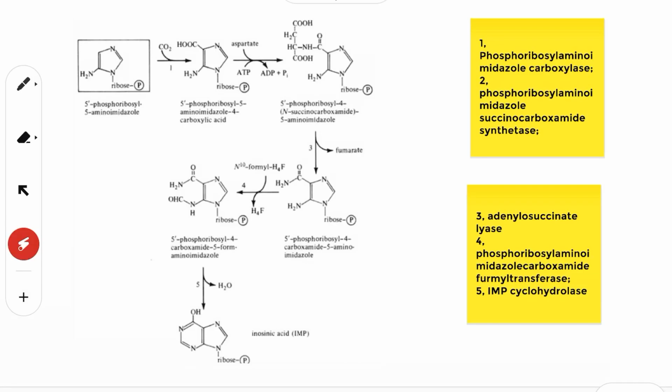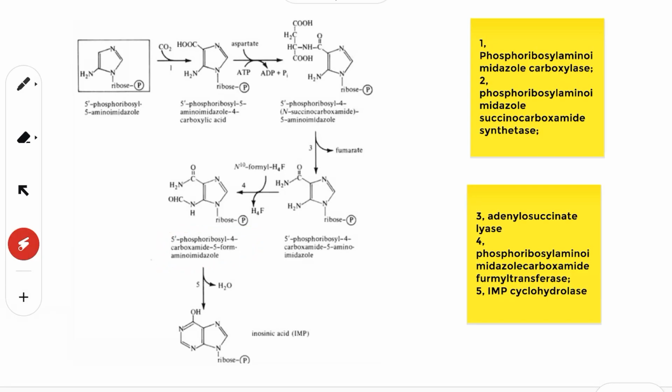Then this molecule reacts with the final donor of carbon, that is N10 formyl tetrahydrofolate, where the tetrahydrofolate is removed and the formyl group is linked to this amino group, forming 5-phosphoribosyl 4-carboxamide 5-formamido imidazole.